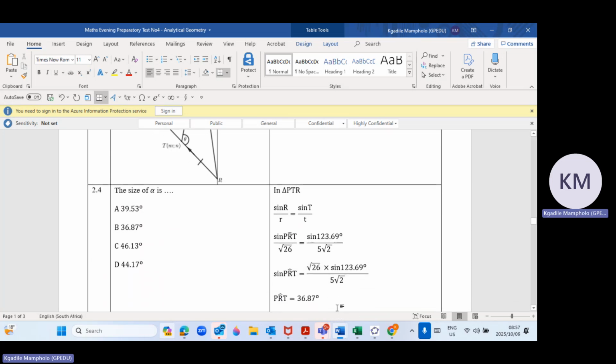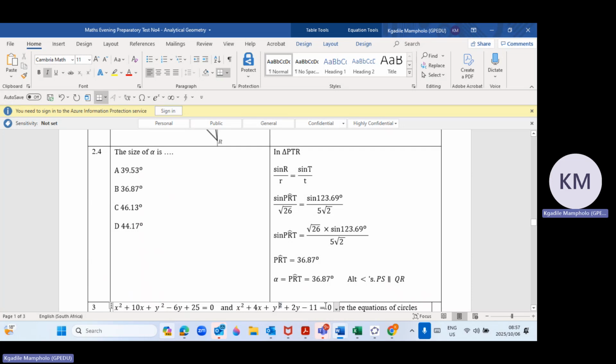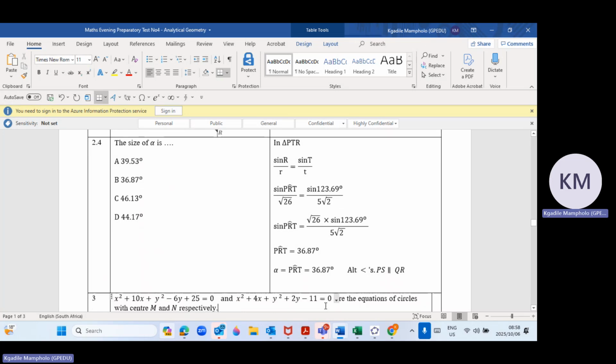Then you get the answer, then you say shift sine, then you get the answer, which is 36,87. Therefore, alpha will be PTR, which is equal to 36,87, reason: alternating angles equal, PS parallel to QR. Done with number 2.